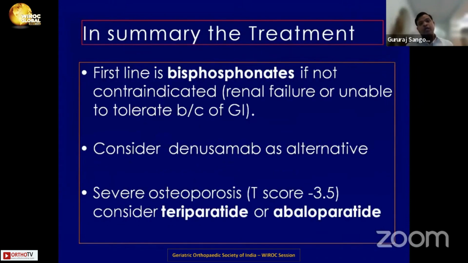So basically, in summary, first-line bisphosphonate is contraindicated if there is renal failure or inability to tolerate it due to GI issues. Consider denosumab as an alternative if bisphosphonate is contraindicated. If severe osteoporosis with or without fragility fracture, teriparatide is the drug of choice. Thank you.